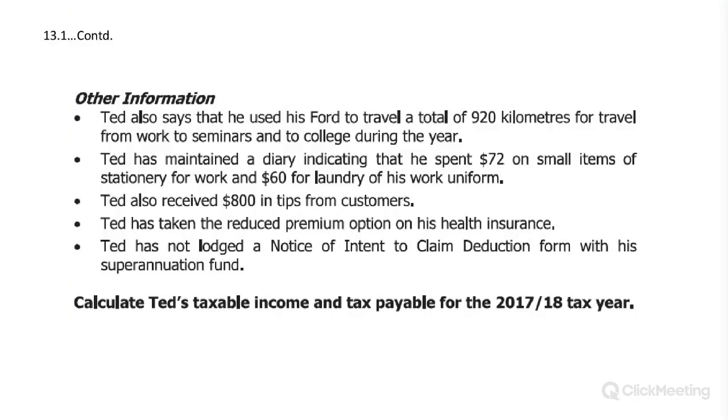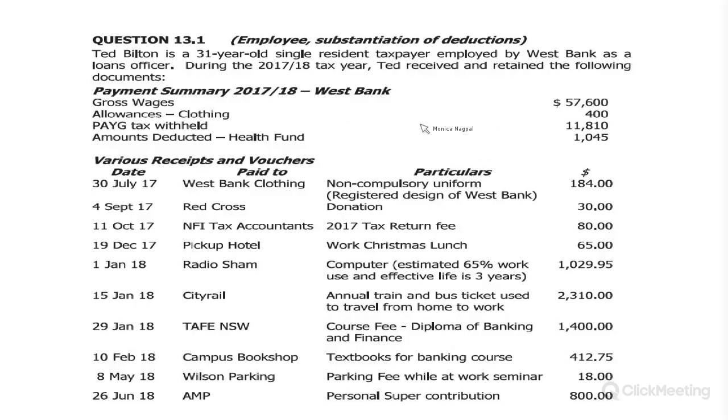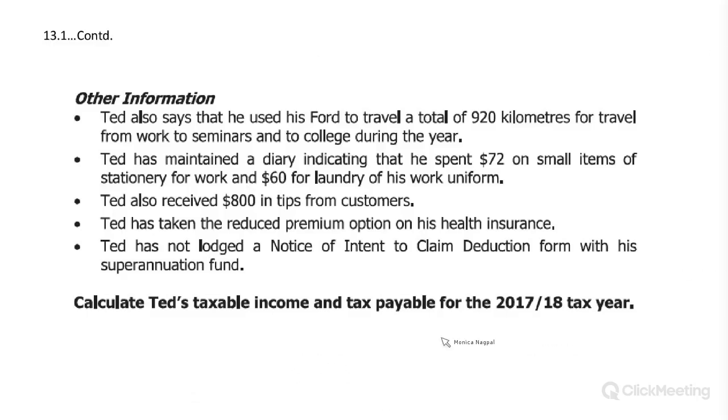Now, we're not discussing the answers here, but just remember anything that TED has been able to earn as part of gross wages, allowances, or any other income should be taken into account as assessable income.